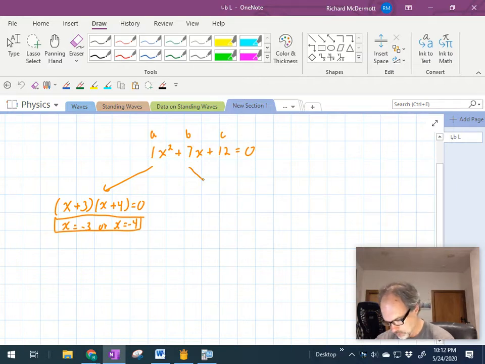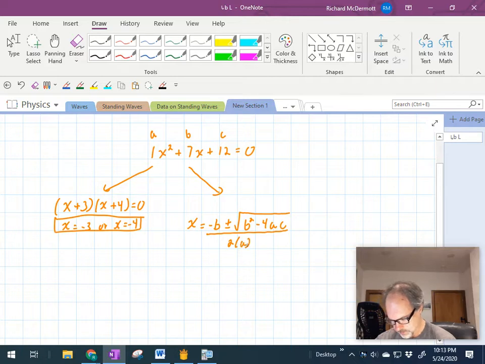So, what's the quadratic equation? You know the quadratic equation. It's x is equal to negative b plus or minus the square root of b squared minus 4 times a times c, all divided by 2 times a, like so.